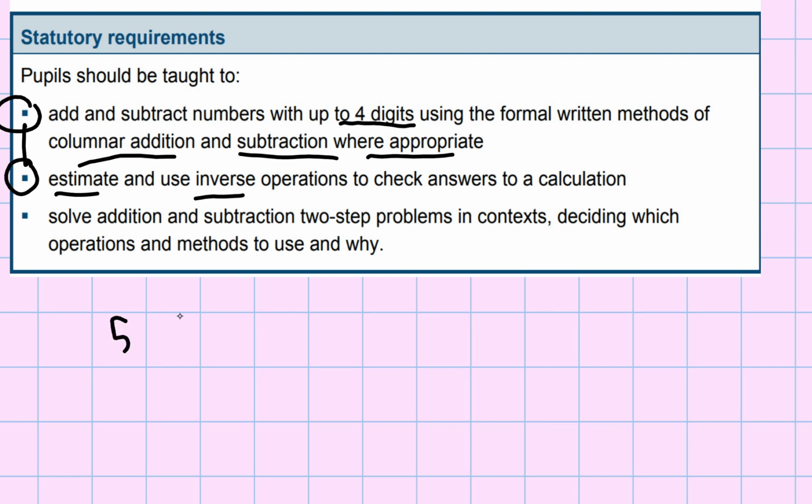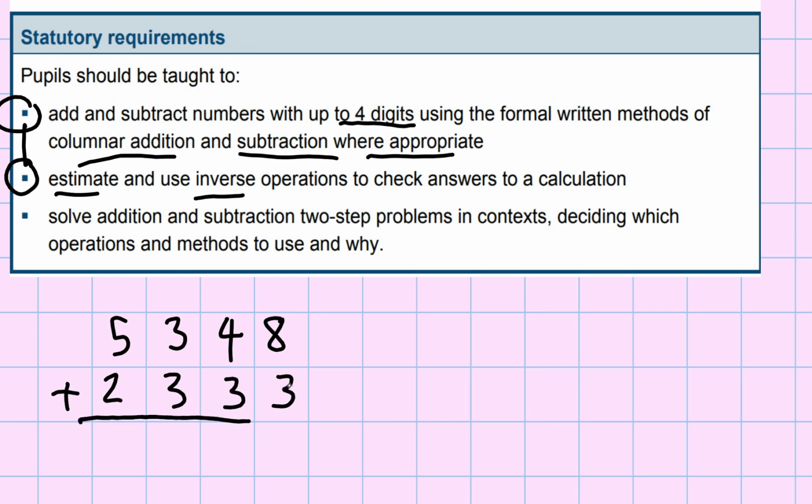So if we had the number 5,348, we'll do a number that crosses the boundary, added to 5,300, so 5,348 added to 2,333.